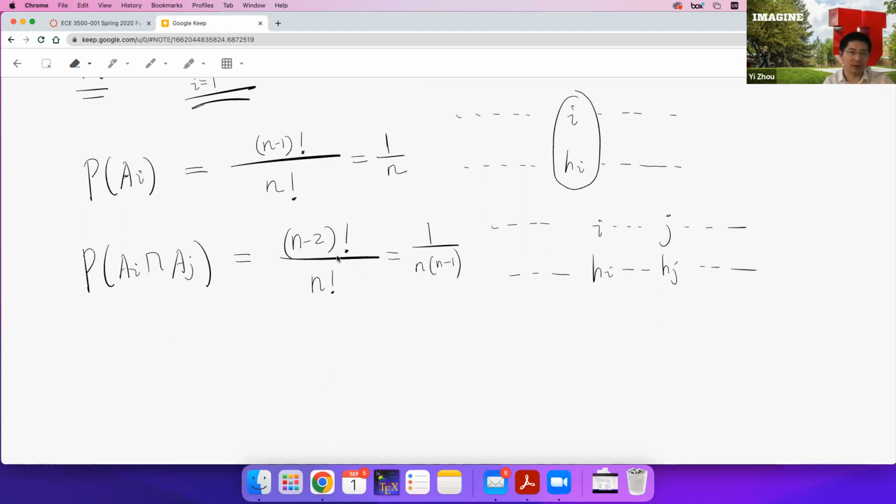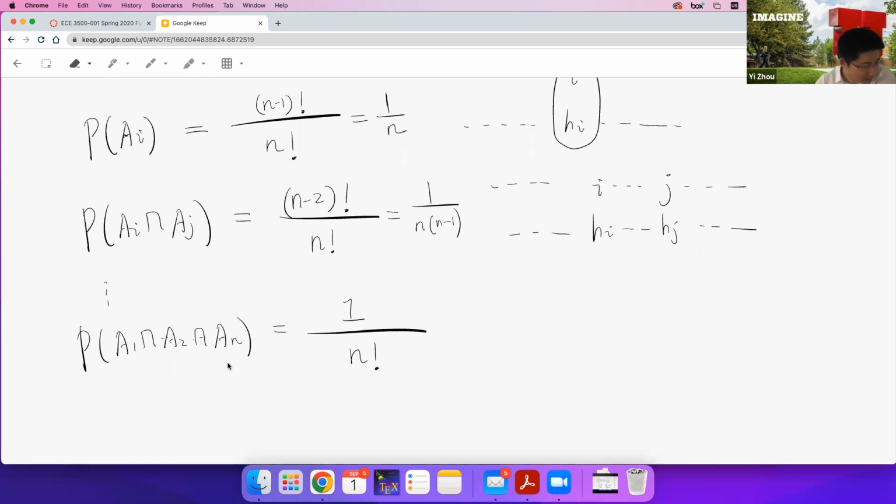It turns out all these calculations are very simple, until the last one, where you consider the intersection of all events. This means that every person has their hat back, which only happens with one single realization. So it's 1 over n!.